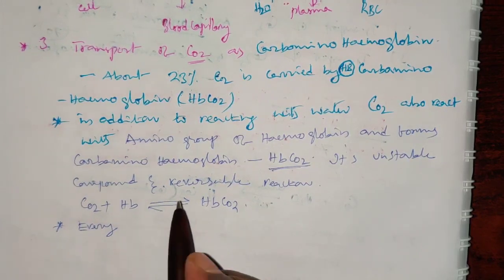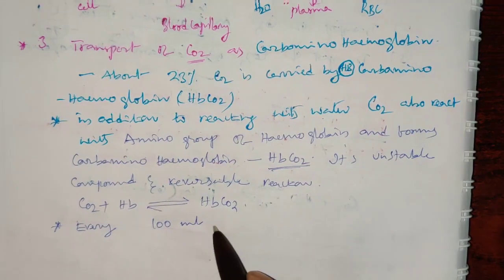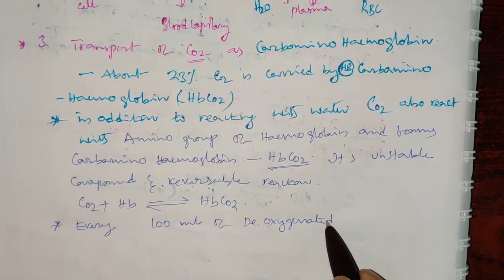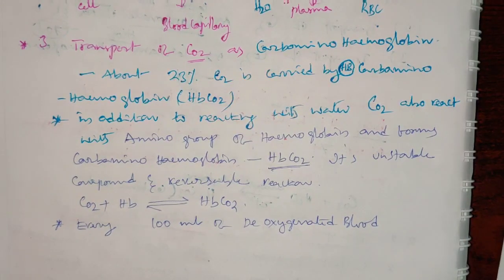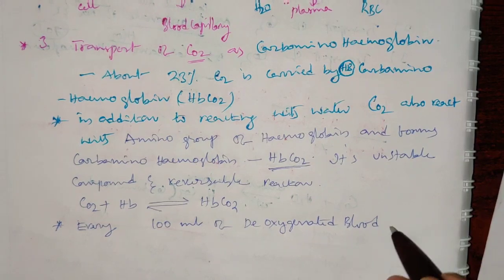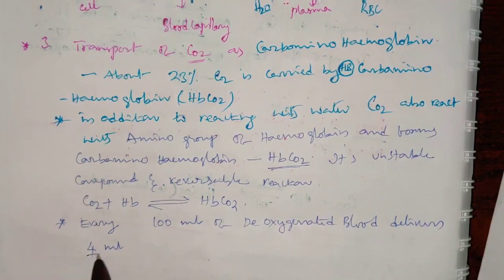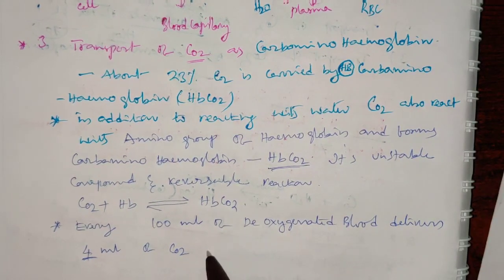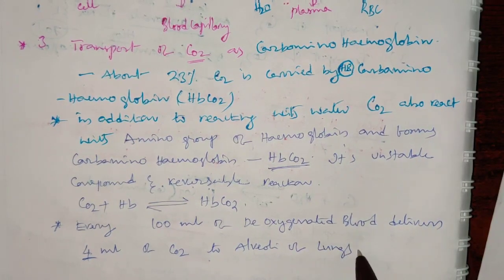Every 100 ml of deoxygenated blood delivers 4 ml of carbon dioxide to the alveoli of the lungs.